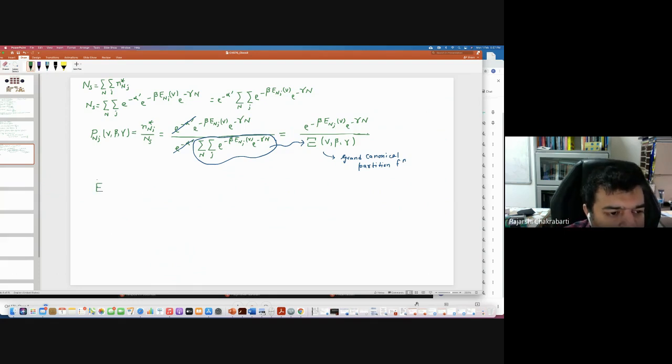I was using E bar in the last class. E bar, which is equal to, I can use any notation. Of course, this E bar is a function of V, beta, and gamma, and this is going to be equal to something.